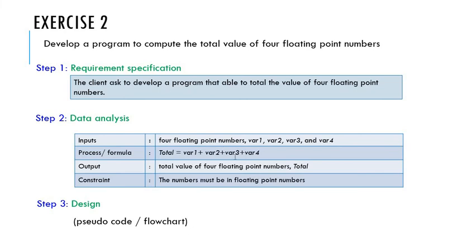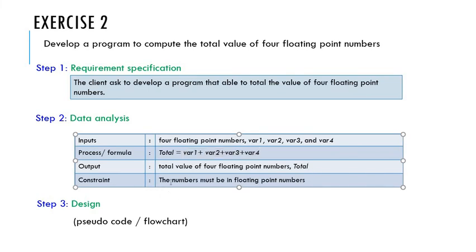The answer will be saved in variable total. I create one more variable, total, to save the answer of this equation. And then the output is the total value of 4 floating point numbers, which is total.